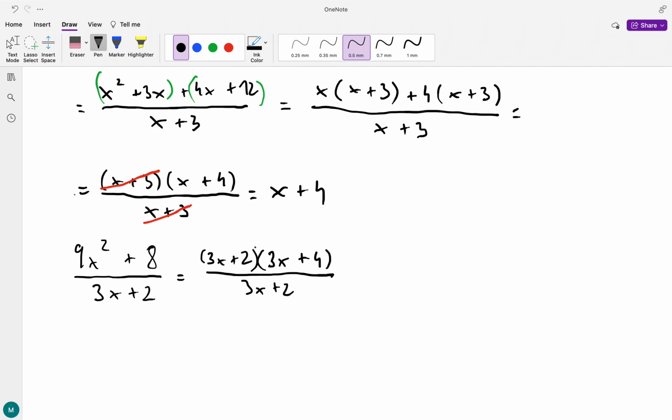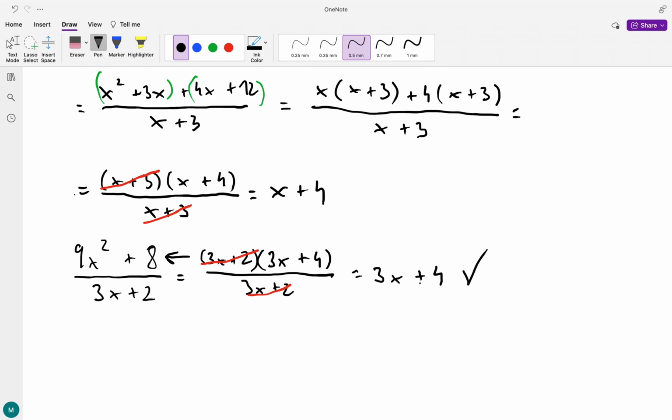And when you FOIL this out, you will end up with exactly the same thing we started with. And in this case, that was fairly simple. We can cross it out and we can say, oh, this is just 3x plus 4.